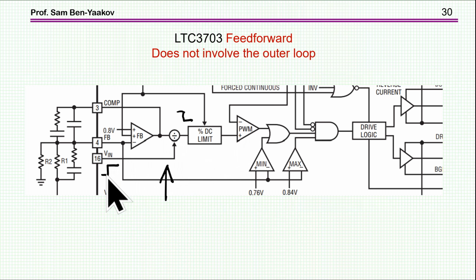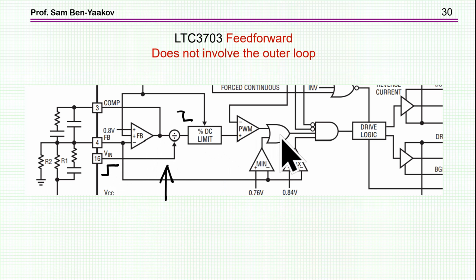So, as you have a step here at the input, this responds immediately without having to go through the loop, through the error amplifier and everything there. It responds immediately, like a feedforward, that's the name for it, by dividing this signal by Vin, therefore correcting for the change. So if the change is, say, positive, then this will actually reduce the output so as to correct for this change, and the controller from this point on will not see any change.